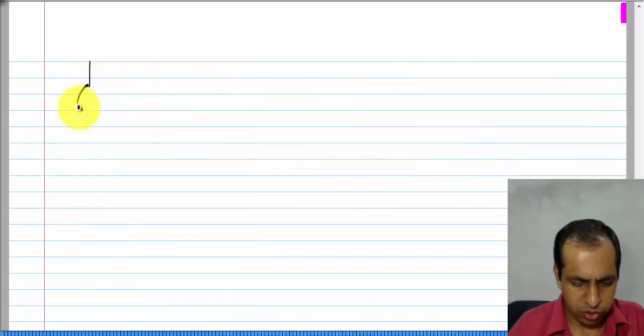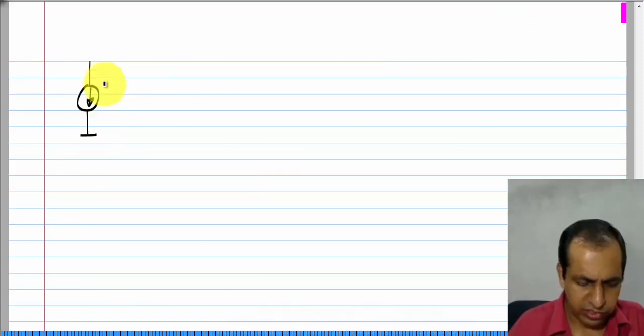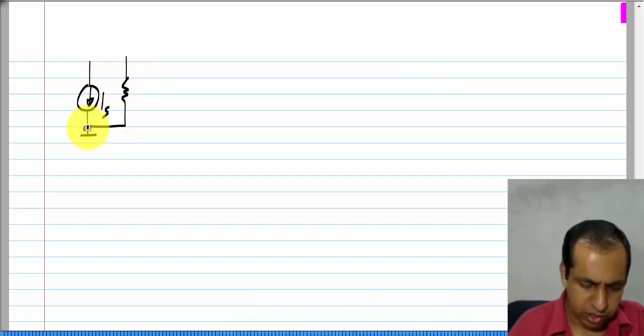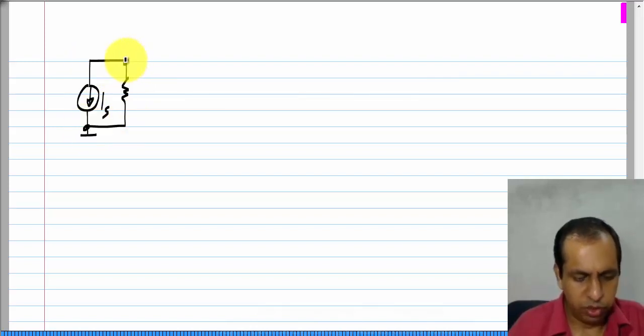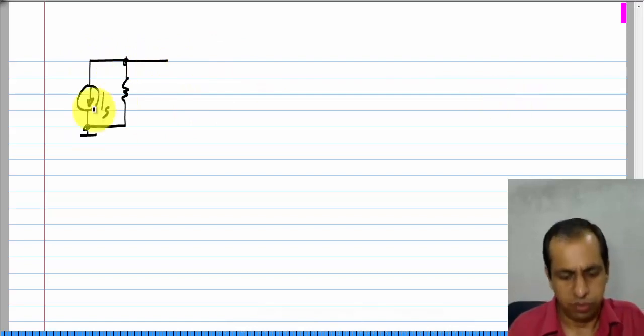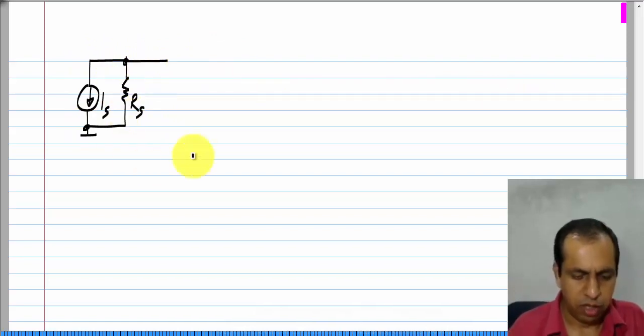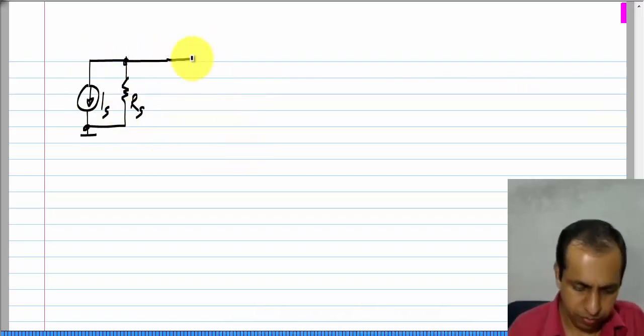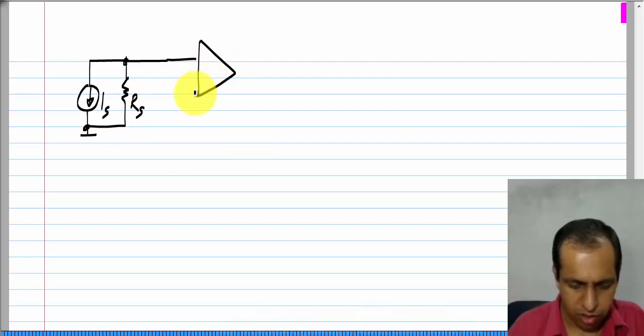Let us say the current source had some resistance across it. That is, it is not an ideal current source, but it is the Norton equivalent of some circuit which has I s and some R s across it.